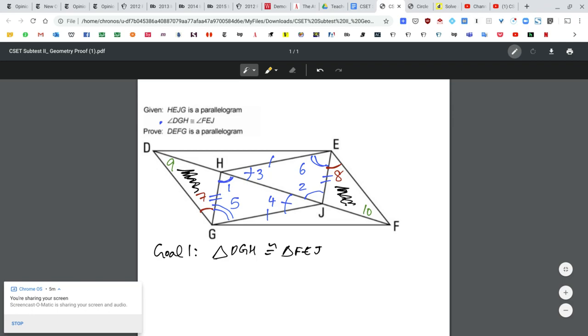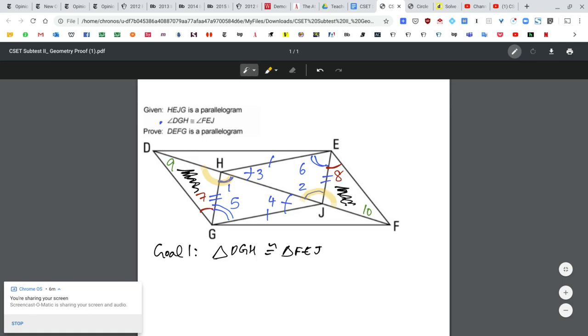And this whole angle over here is basically 180 degrees, and so is this one. Both are 180 degrees, and we know that angle 1 equals angle 2.